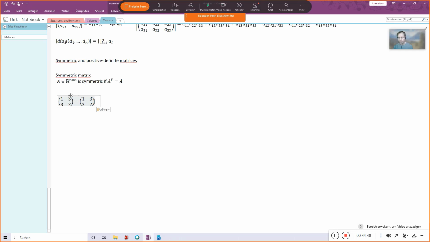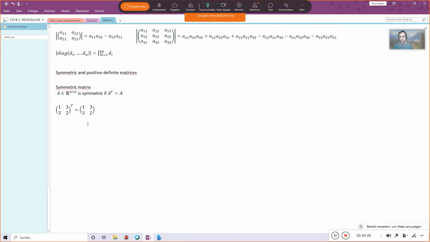And we're only talking about square matrices here, of course. Then if we put the first row into the first column, because the off-diagonal elements are identical anyway, we get the same thing. So if these off-diagonal elements are identical, then it's called symmetric.